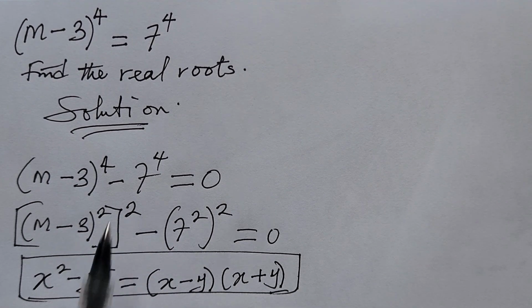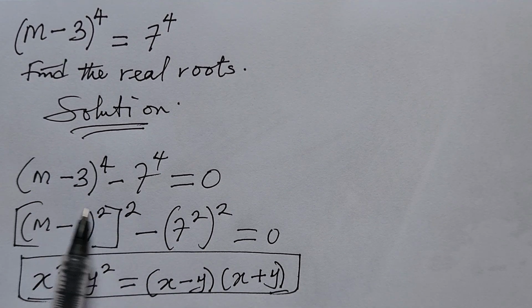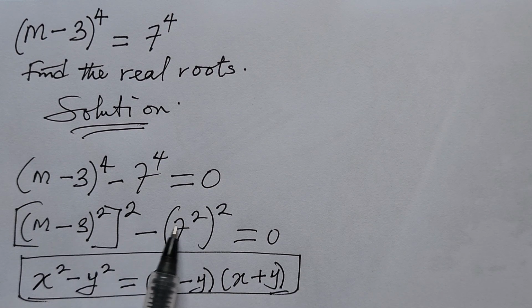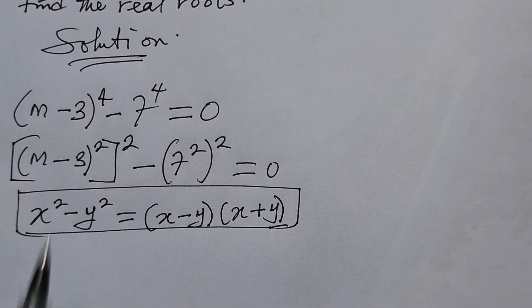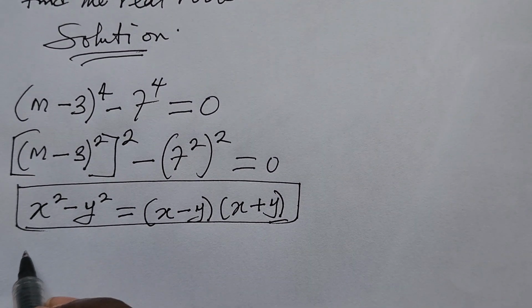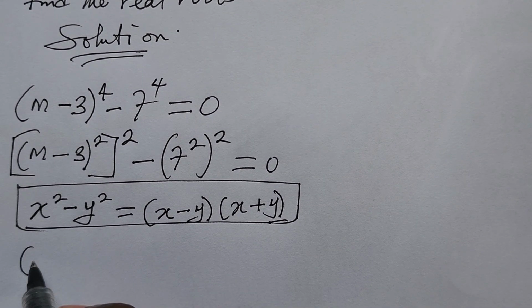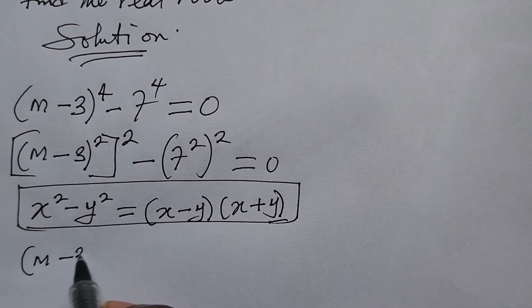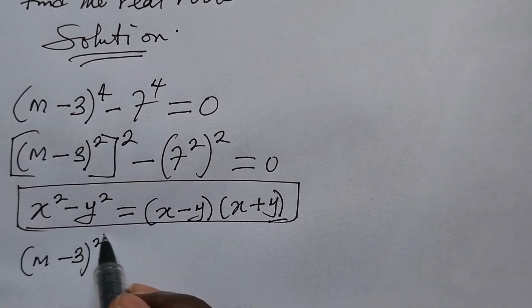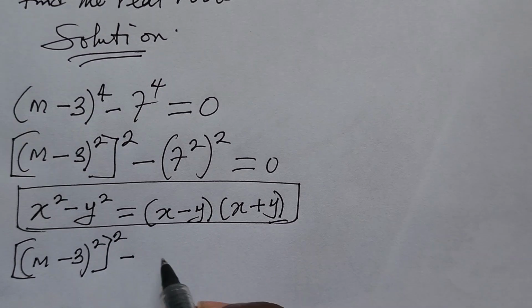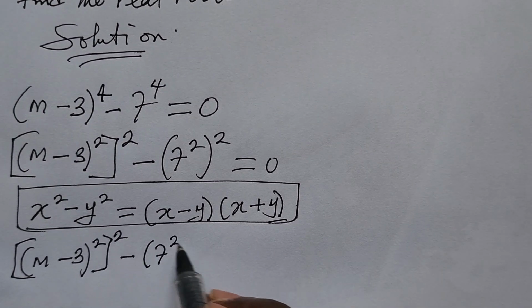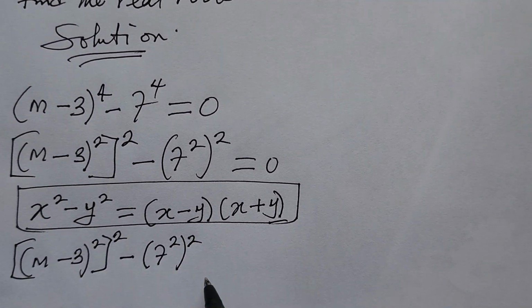But this is raised to power 2, so the whole quantity inside here is our x, and the whole of this quantity, 7^2, is our y. So let's write this expression: [(m − 3)^2]^2 − [7^2]^2.